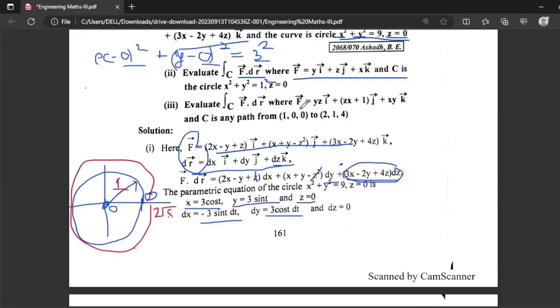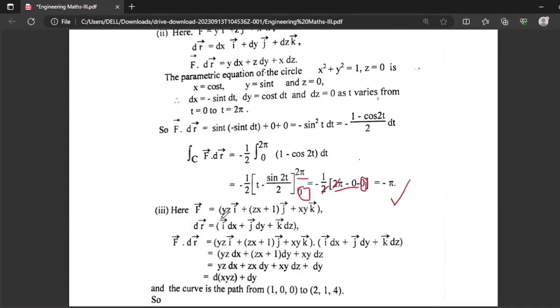Now for the third question, your vector F is yz i plus zx plus 1 j plus xy k, and dr is as usual i vector dx plus j vector dy plus k vector dz, and F dot dr is taking the dot product of these two.